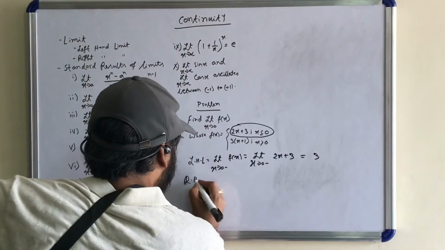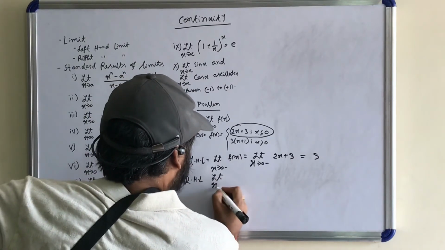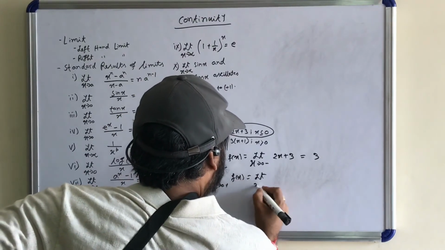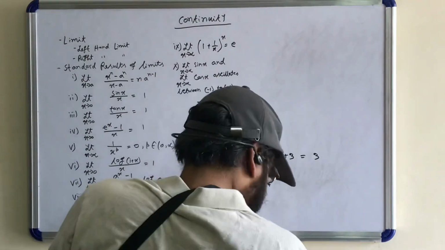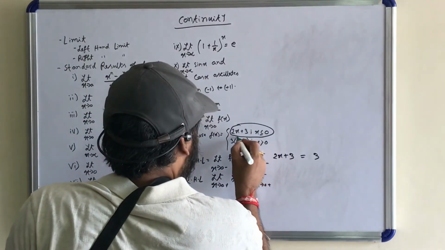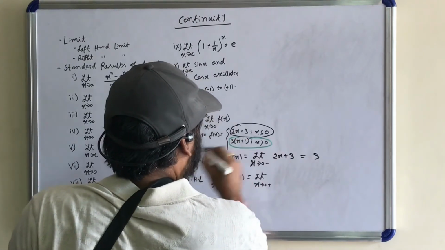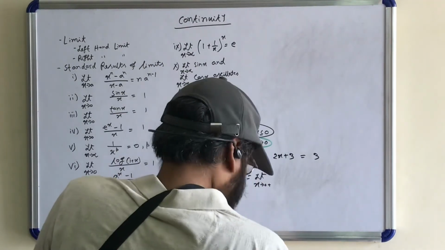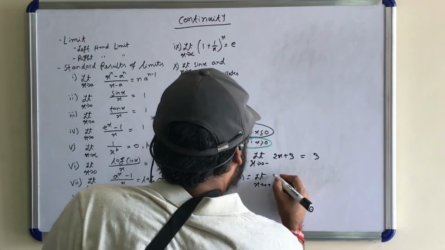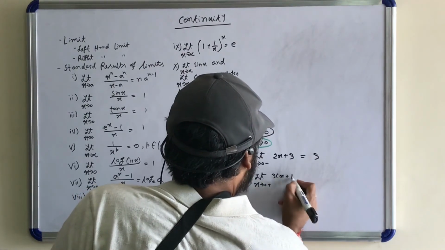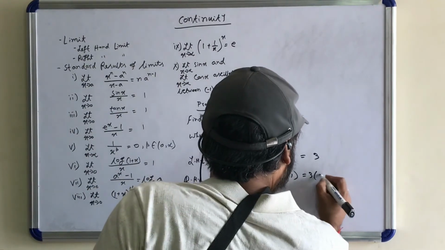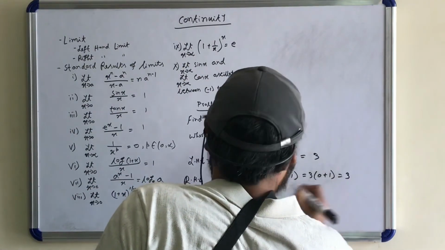What is the right hand limit? Limit x tends to 0 plus f(x). When the value of x is greater than 0, it is this one. So the value of f(x) for x greater than 0 is limit x tends to 0 plus of 3 into x plus 1, equals 3 into 0 plus 1, equals 3.